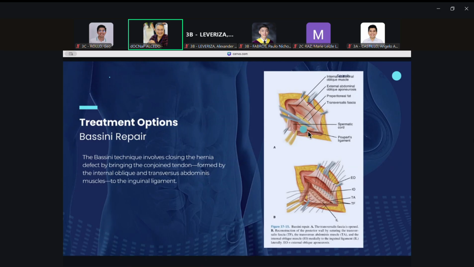So suturing the TAATF, or in some instances, the conjoined tendon to the inguinal or Poupart's ligament here is what we call the Bassini repair. Okay? So you can see it there.